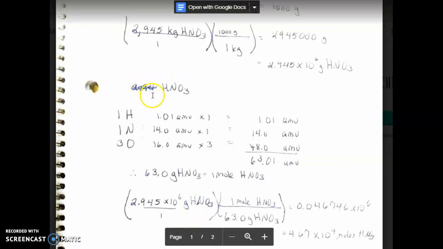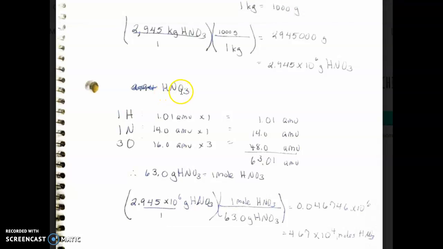We look at which atoms are present and how many. So we have 1 hydrogen, 1 nitrogen, and 3 oxygen. We look at the periodic chart to find the mass of 1 atom of each of these elements. For hydrogen, it's 1.01 AMU. For nitrogen, it's 14.0 AMU. And for 1 oxygen atom, it's 16.0 AMU.